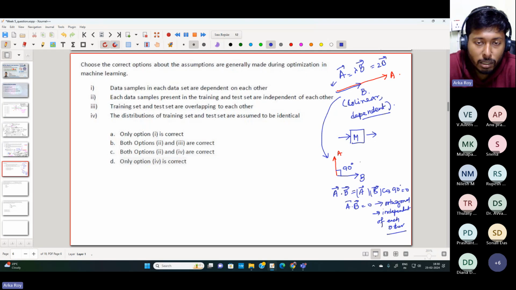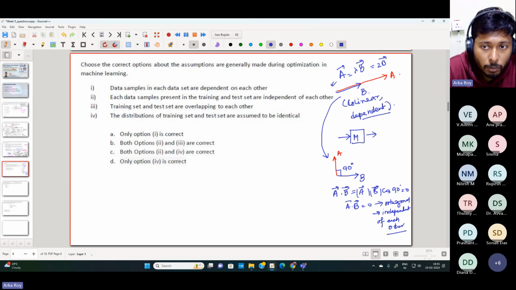So machine learning, deep learning, nobody basically likes to get any dependent set of data. So always we talk about the independence and the orthogonality of the vectors. In the subsequent lectures also you will see PCA and all, where you will see the role of orthogonality in detail.